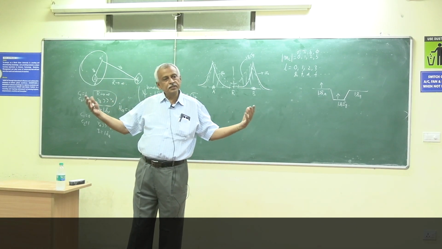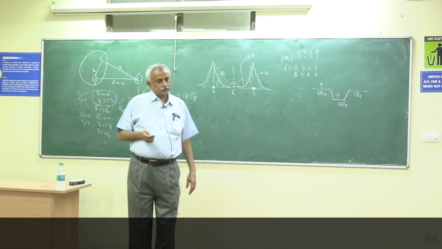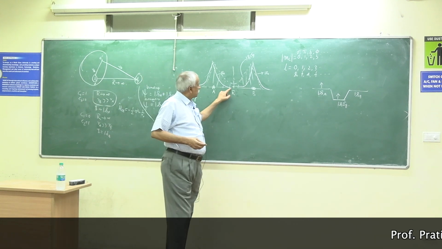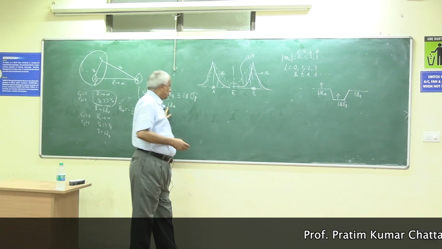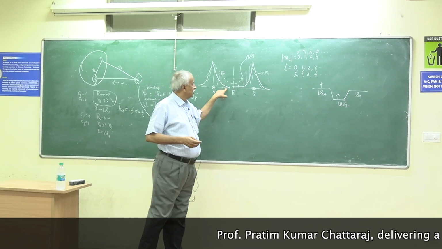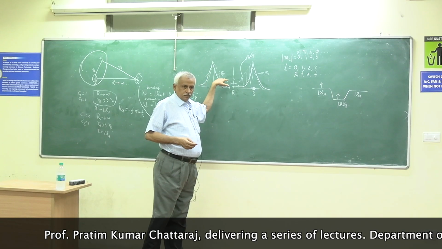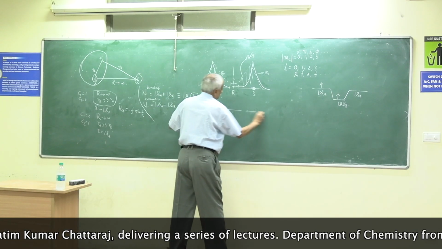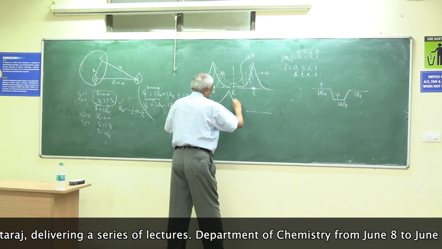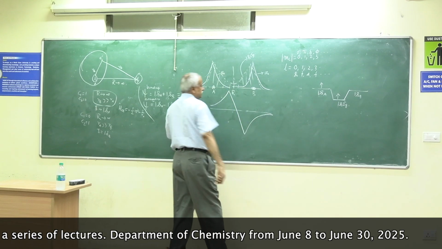So you have depletion of electron density away from this. But if you subtract this, everywhere it should be less than this curve, below the atomic orbital curve. That means the picture would be like this.